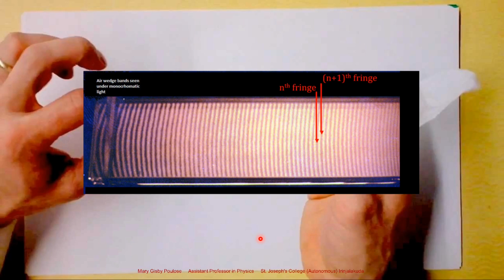Now let us try to calculate the fringe width between these fringes. The distance between any two consecutive fringes is called its fringe width, and let us try to calculate it. From this interference pattern, we can in turn calculate the angle of the wedge.